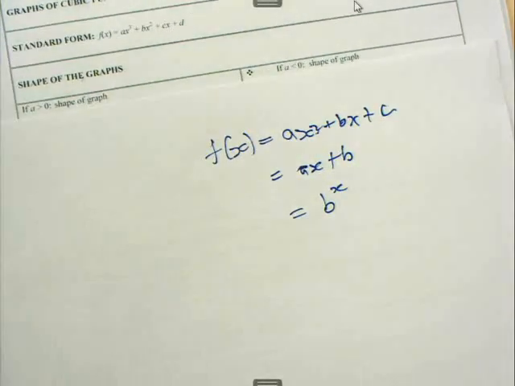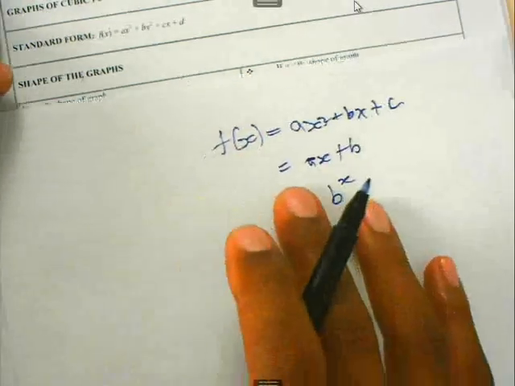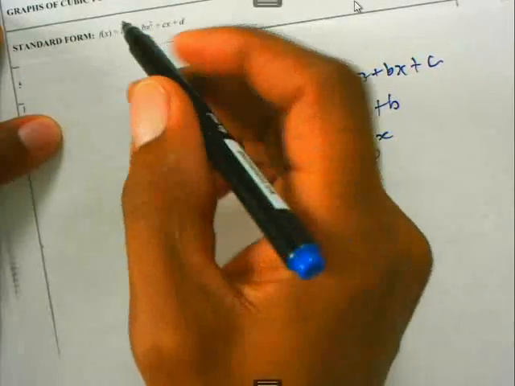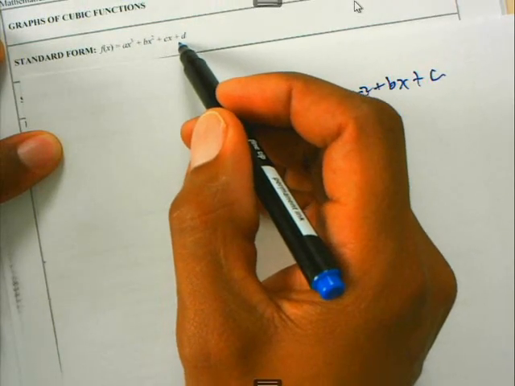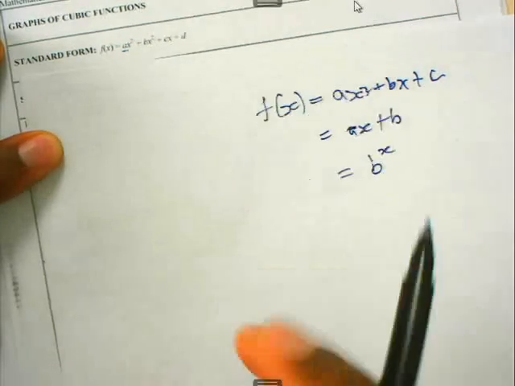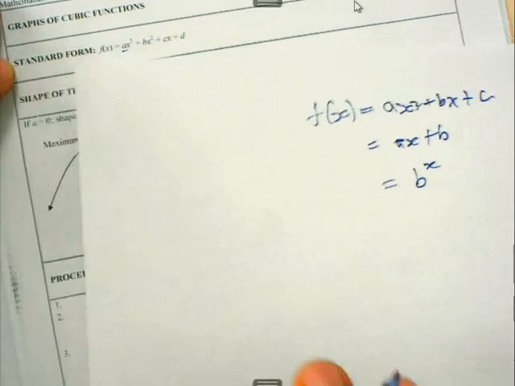How does the shape of the graph look? The shape will be determined by the value of a. Here we have f(x) = ax to the power of 3 plus bx squared plus cx plus d. The value of a is the one that will tell us how the shape of the graph looks.